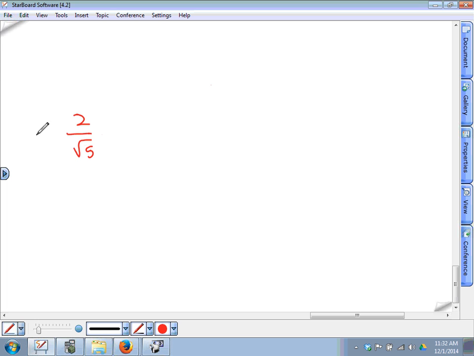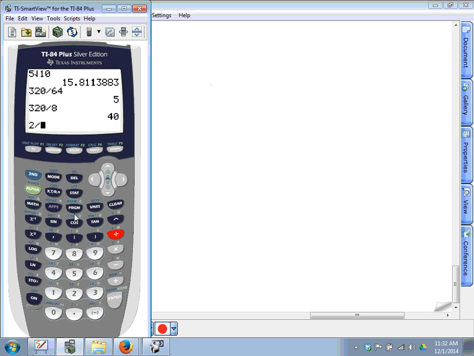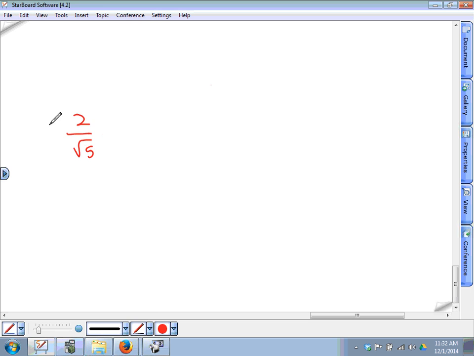So they came up with this rule that you can't have a square root in the bottom of a fraction. It really doesn't matter nowadays, because if you use your calculator and type in 2 divided by the square root of 5, there's absolutely no problem with it. It's 0.89. So today's modern calculators can deal with it. They just couldn't do this problem by hand very easily before these calculators.